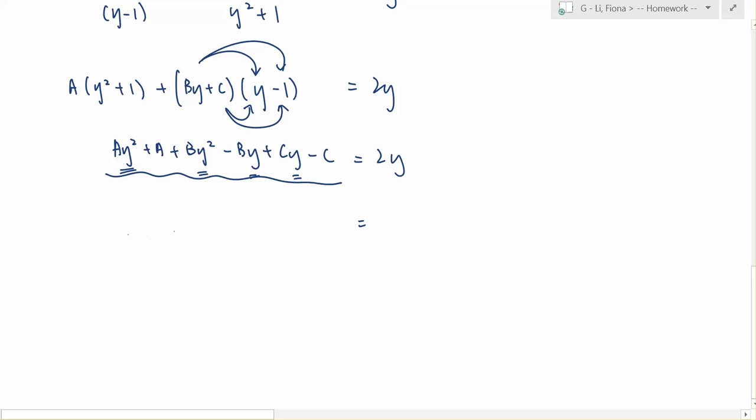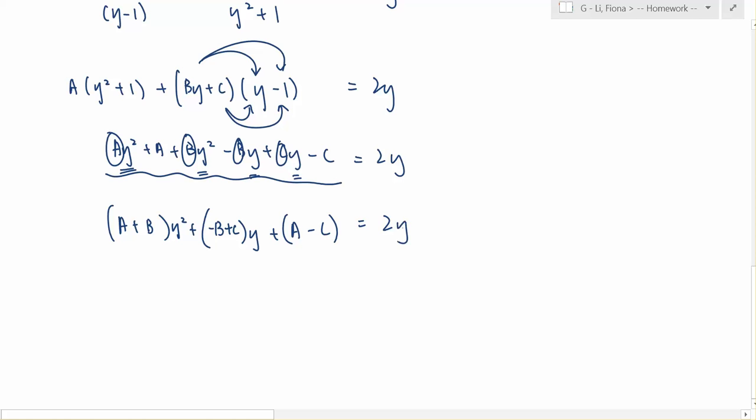So for y squared, we have A and also B as this coefficient. And for y, we have negative B plus C as its coefficient, and then we're left with plus A minus C equals 2y.